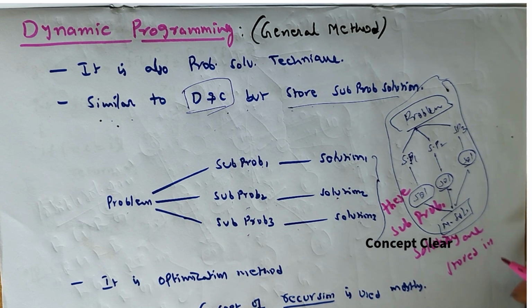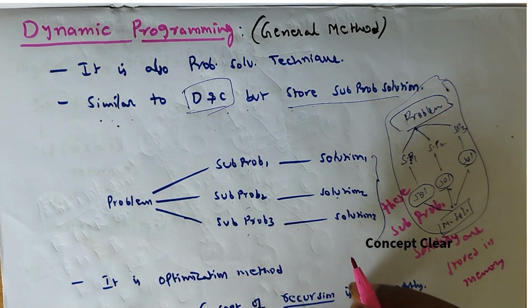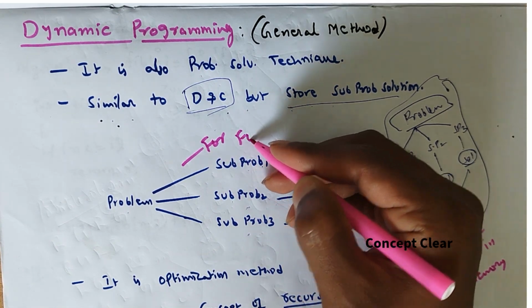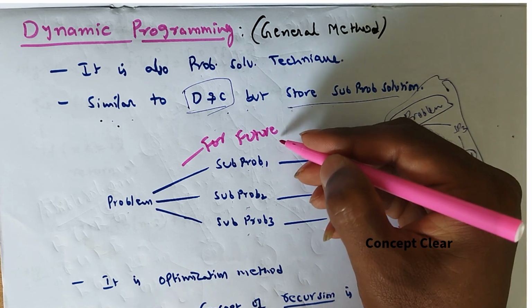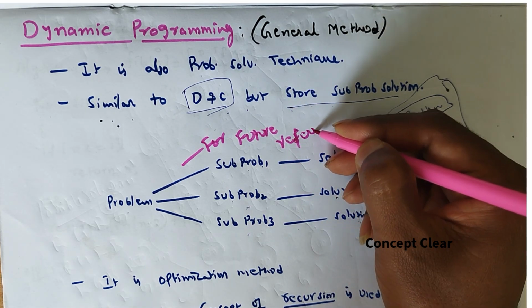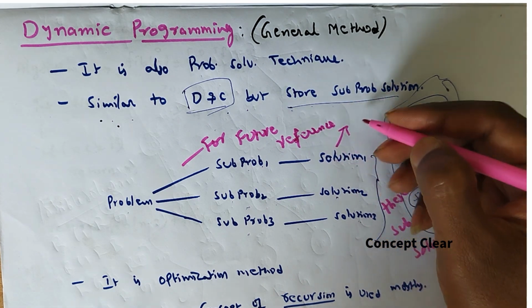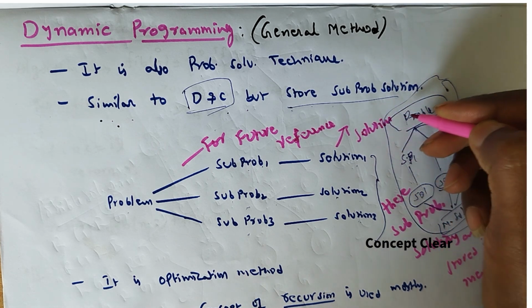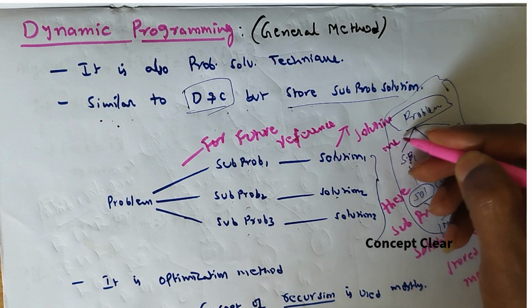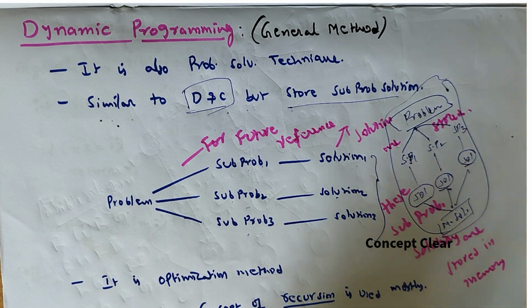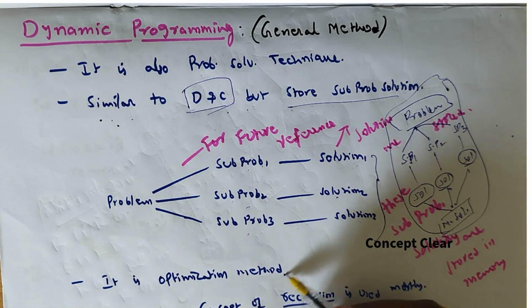What is the use of storing them in memory? They are stored for future references. It is also one of the optimization methods.